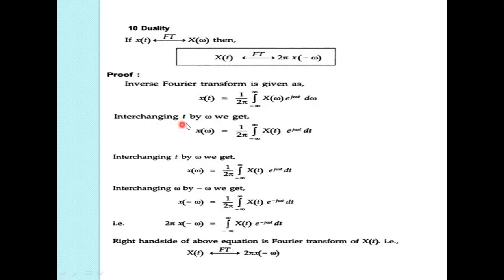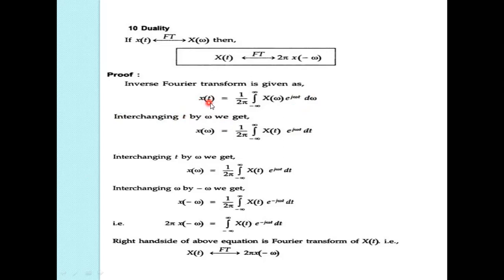So we interchange t and omega, as t is a variable and omega is also a variable. Now I am interchanging t as omega and omega as t, so both are e power j omega t only. Follow me, students, interchanging t by omega, or omega by t.